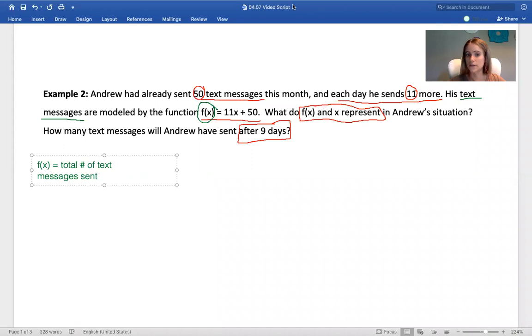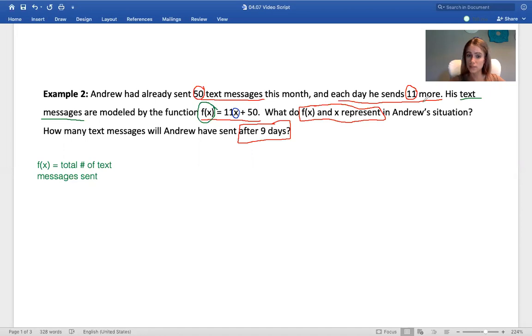All right, now let's identify our x. Well, once again, I see x is being multiplied by something. It is 11 times x. So I'm going to find that 11 to help me determine what the x represents. And each day he sends 11 more. Well, 11 more of what? 11 more text messages.